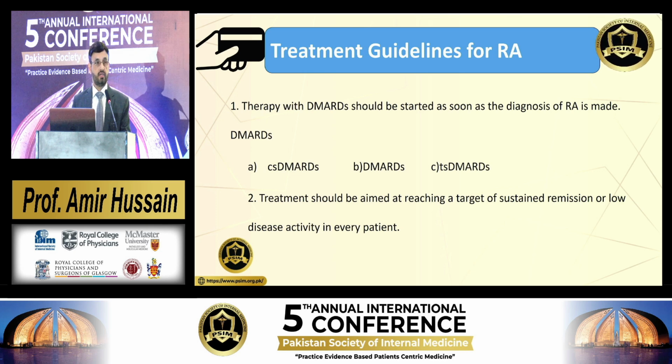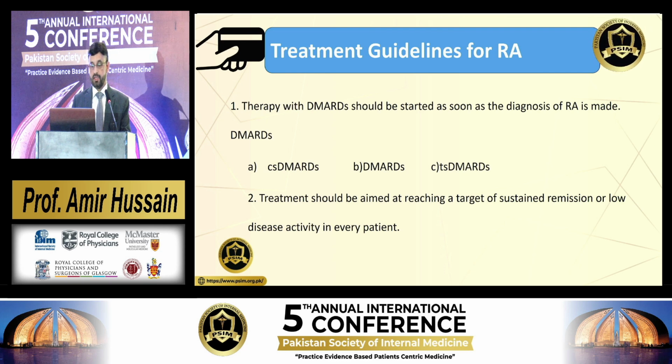Among the biological DMARDs, there are the anti-tumor necrosis factors, the drugs acting on the T cells, the B cells, interleukins, and complements. And among the targeted synthetic DMARDs are the JAK inhibitors like baricitinib and tofacitinib. Among them, tofacitinib is available in Pakistan. And among the biologicals, we have etanercept, adalimumab, and infliximab, which are available. And the conventional ones, all of them are available.